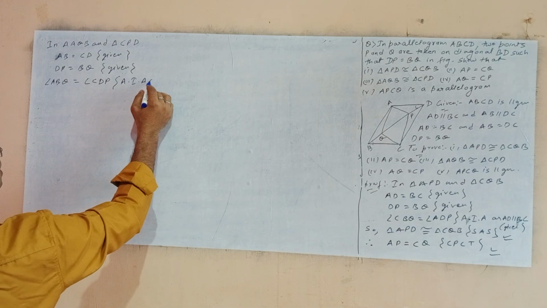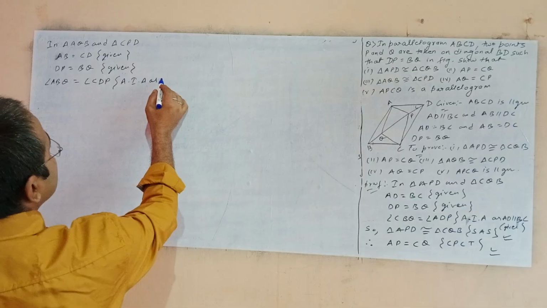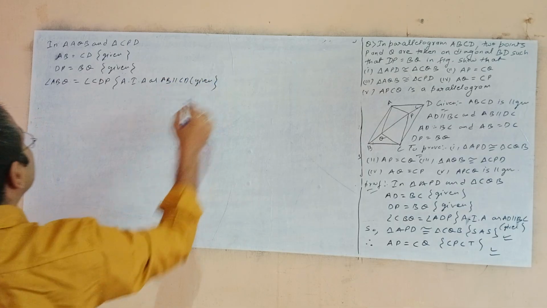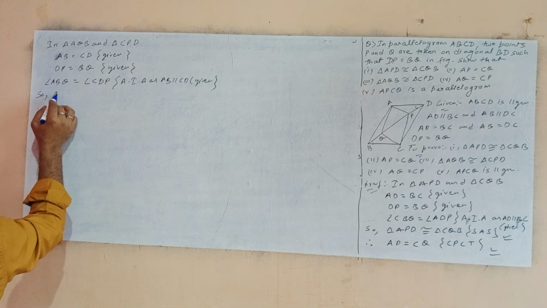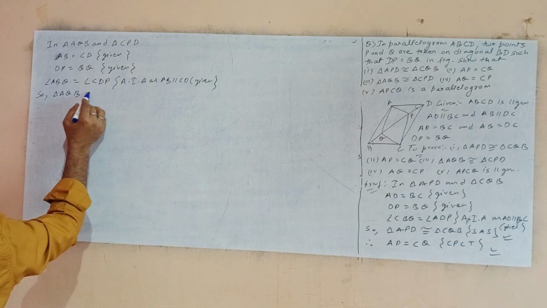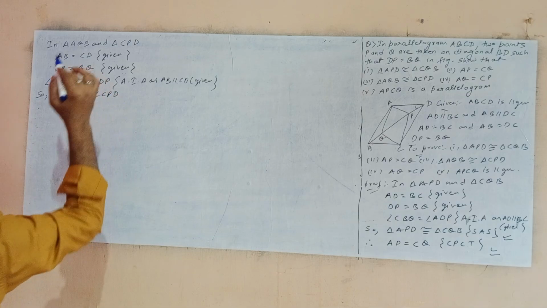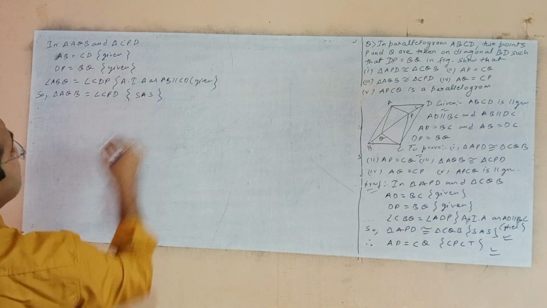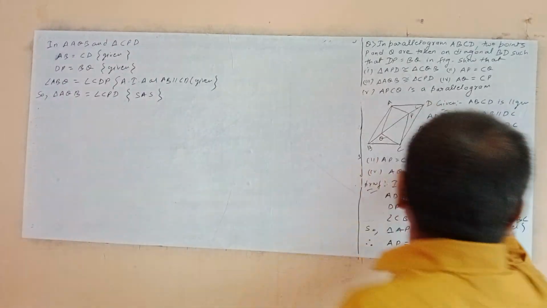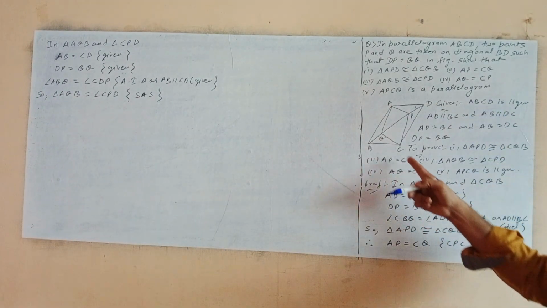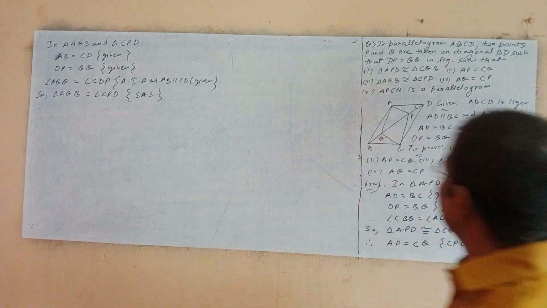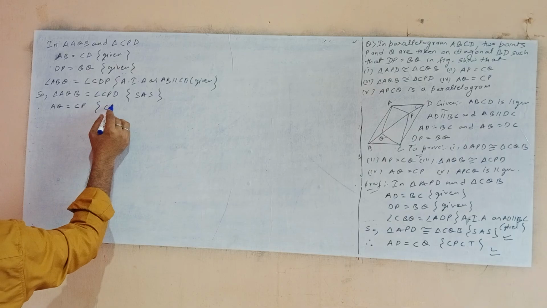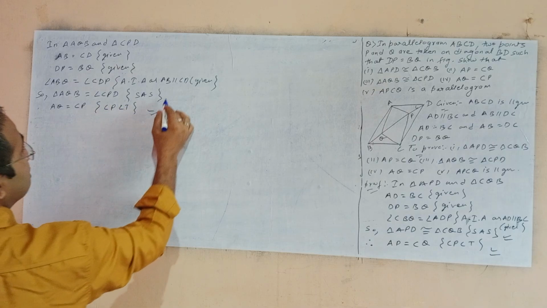Alternate interior angles, as AB is parallel to CD, which is given. So you can write triangle AQB is congruent to triangle CPD, by SAS criteria. Now AQ and CP are parts of congruent triangles, so you will write AQ is equal to CP by CPCT.